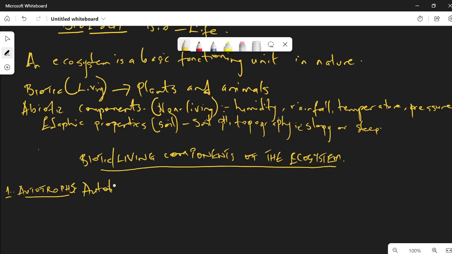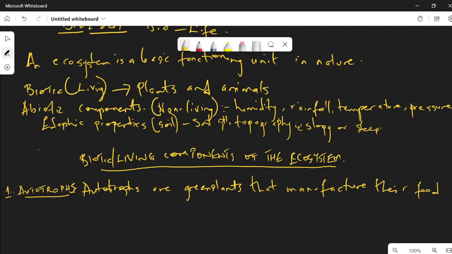Autotrophs are green plants. First and foremost, they are green plants that manufacture their food by themselves.